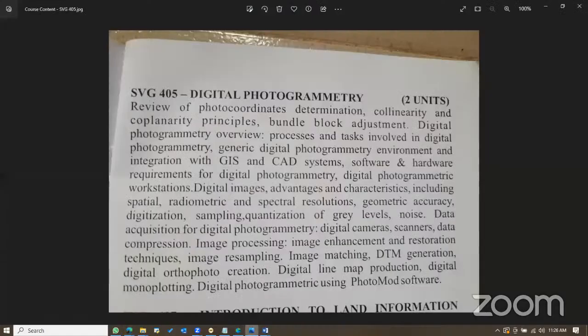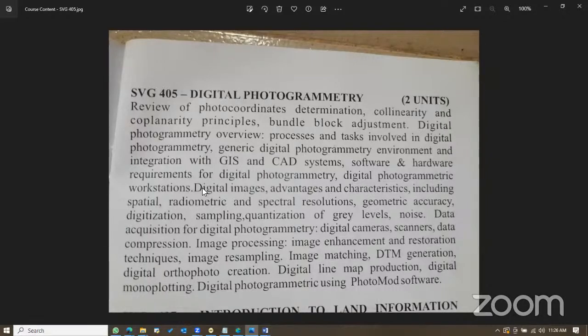So now let's go to our division. Gentlemen, we were asked to cover this syllabus, but due to time, we were not able to cover most of it. However, from your preliminary, before you joined this class, you were told there's a prerequisite: 204 or 203, which you did for photogrammetry in year 2 or year 1.